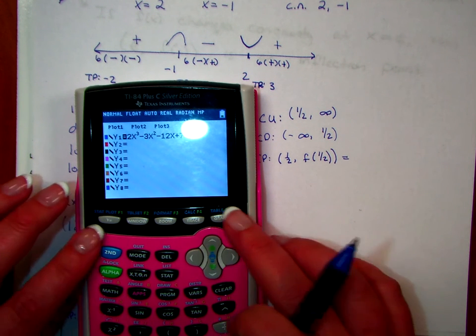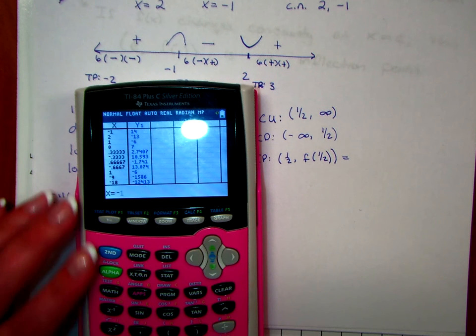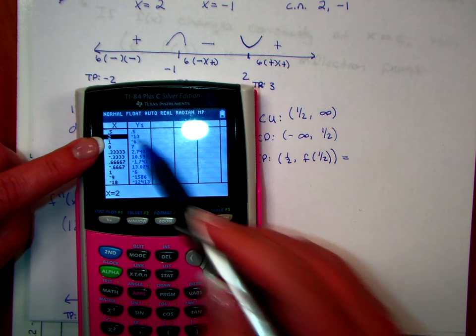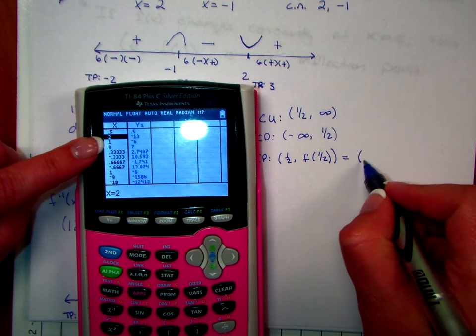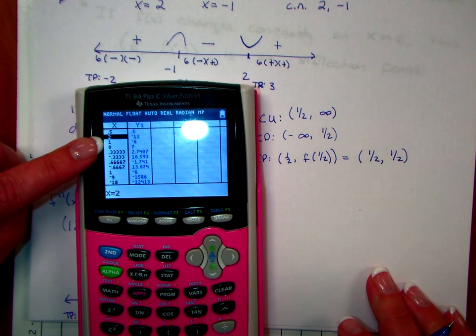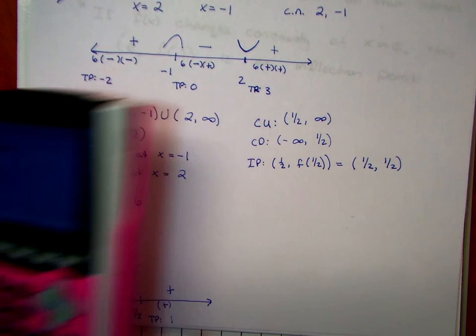And then I'm going to plug in 1/2, and I'm going to get a y value of 1/2. So the inflection point is 1/2, comma 1/2.